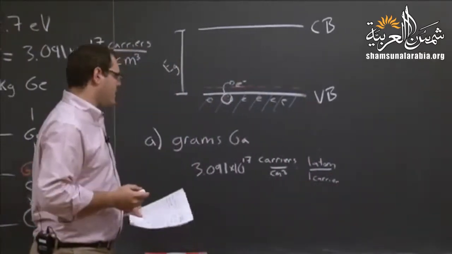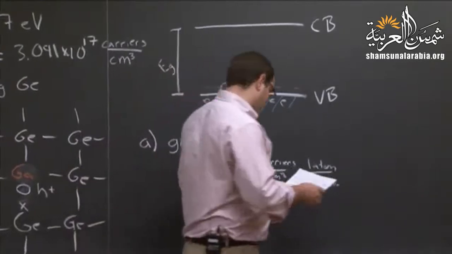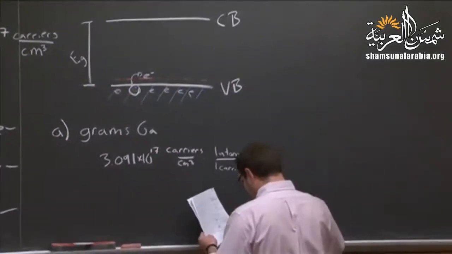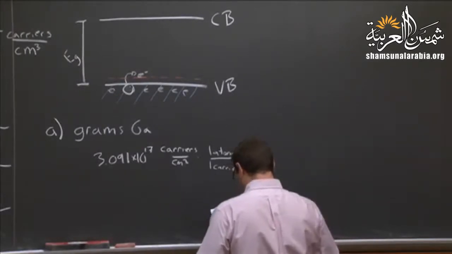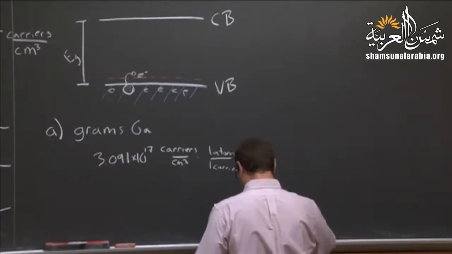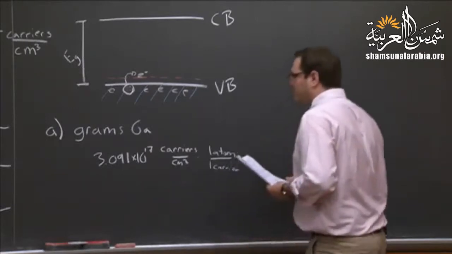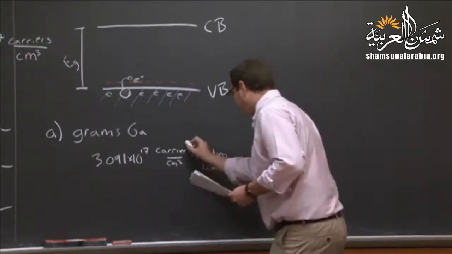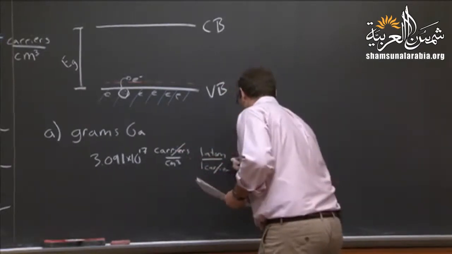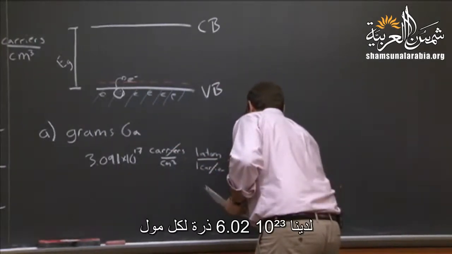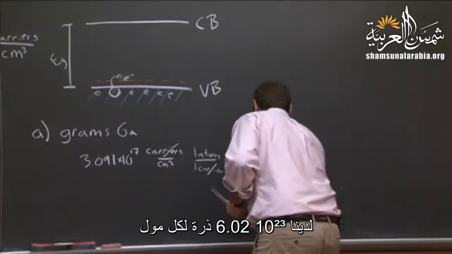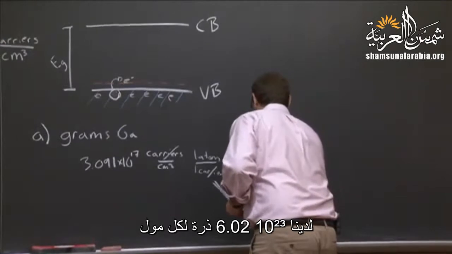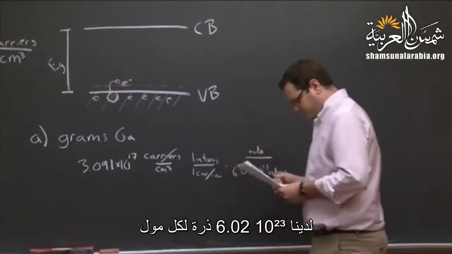Okay. And then we have 6.02 times 10 to the 23 atoms per mole.